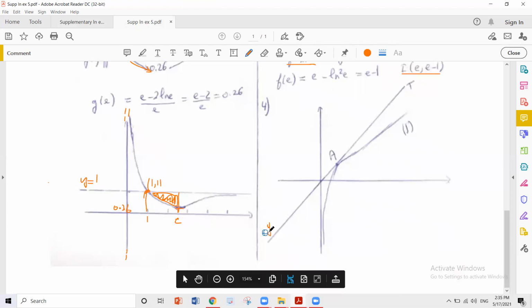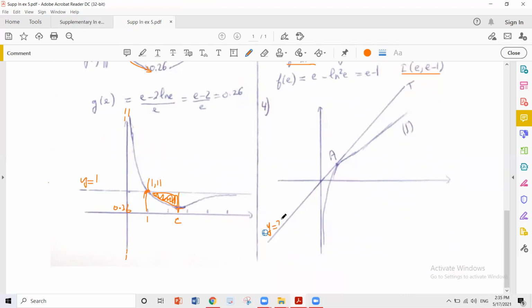This is the line y equal x, passing through the origin and the point 1, 1. This is the point 1, 1.